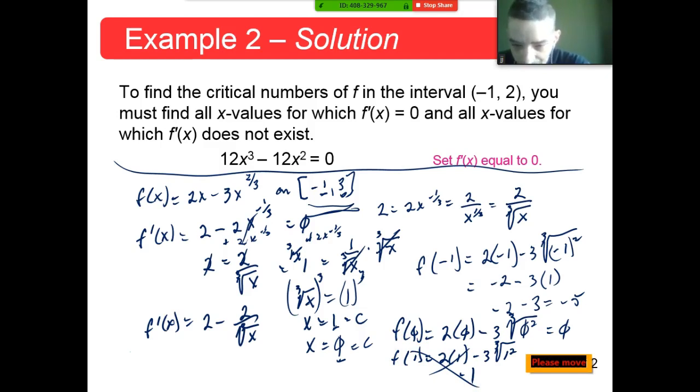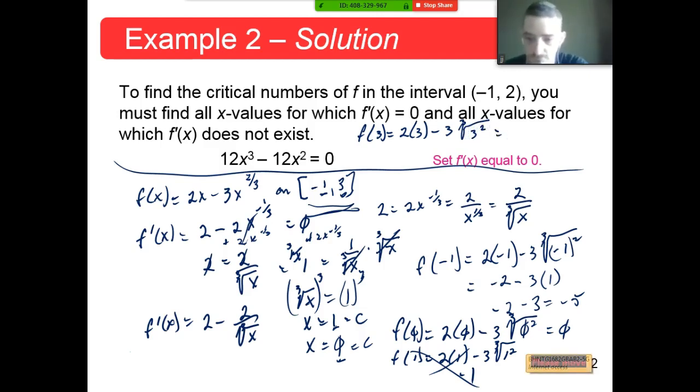So let's go to the last one, which is 3. F of 3. I don't have room at the bottom, so I'm going to do it up here. F of 3 is equal to 2 times 3 minus 3 times the cube root of 3 squared.